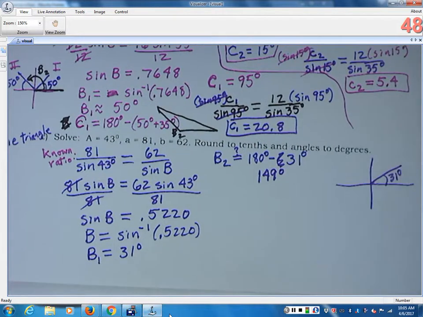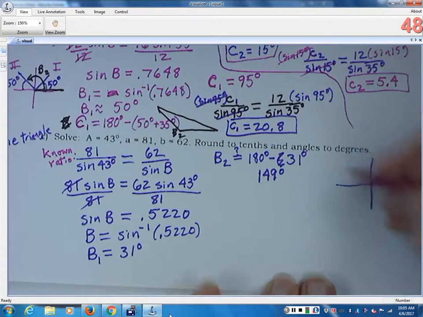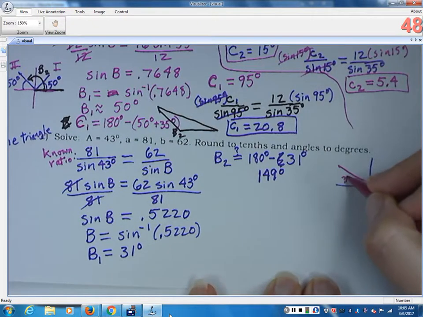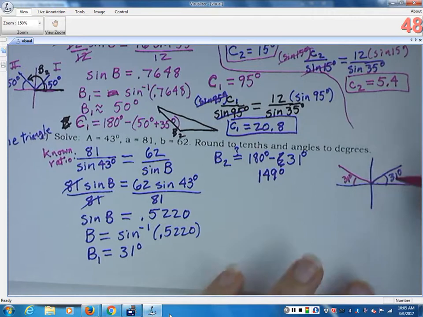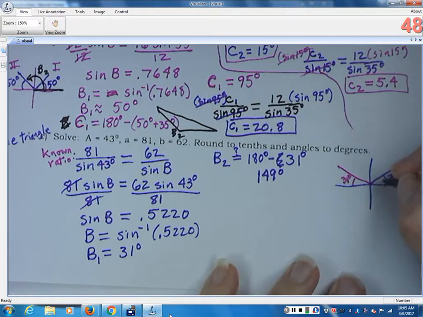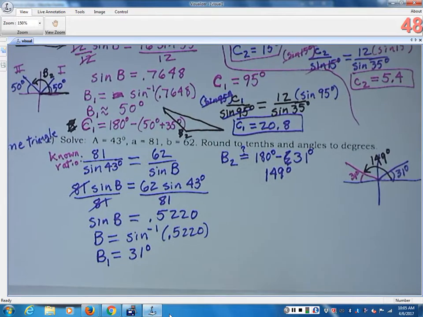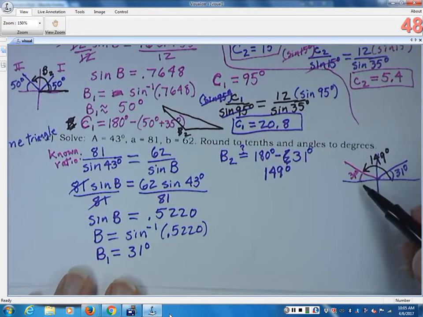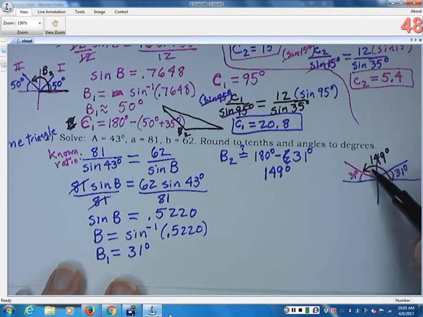The reference angle would be over here for sine, positive 31 degrees. So the actual angle would be 180 minus 31, or 149. So you still need your reference angle. Still need to understand that.